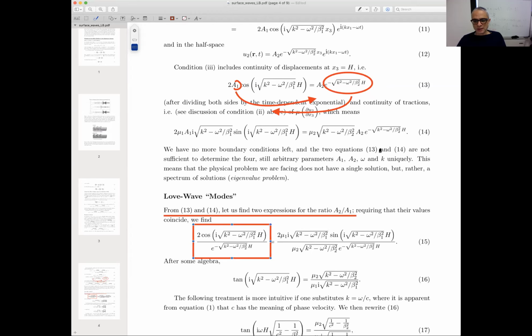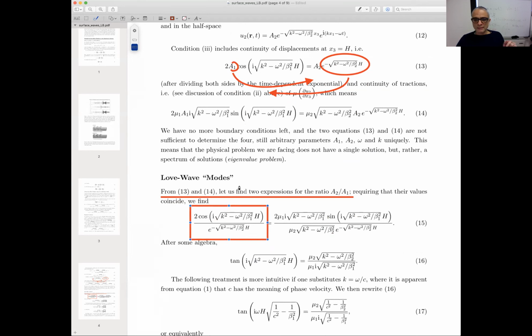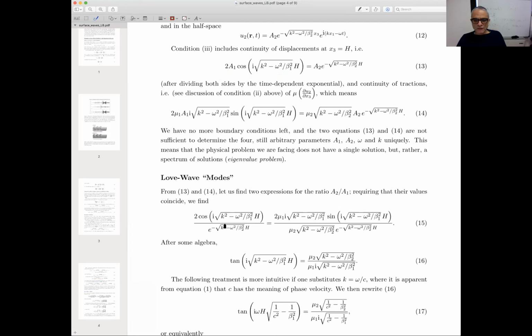And then you do the same trick on equation 14. You get two different expressions for the ratio A2 to A1, but their values must coincide, right? So you equate them to one another, and basically you have the same information that you had above, but you just manipulate it in a form that you can play around with a bit more. You see, if you compare the left-hand side to the right-hand side of 15, here you get the cosine of this angle, and here you have the sine of the same angle.